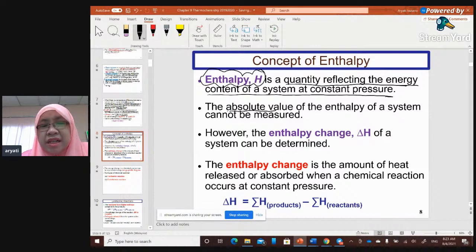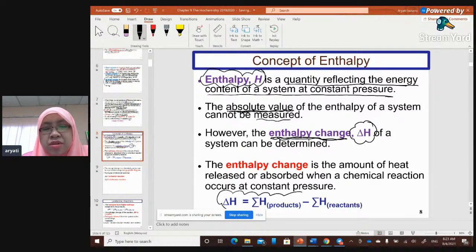Okey, nilai enthalpy yang actual tak dapat diukur, tapi kita boleh kira the enthalpy change, perubahan tenaga. So enthalpy change symbol as delta H. So enthalpy change can be measured by using the formula: enthalpy of product minus enthalpy of reactant.